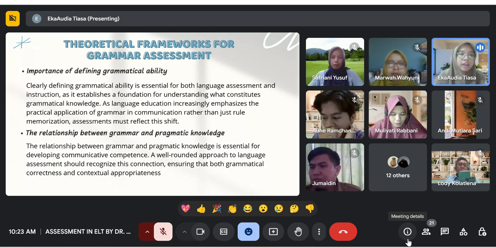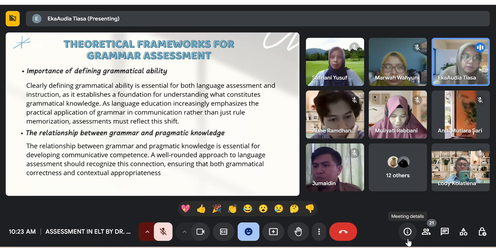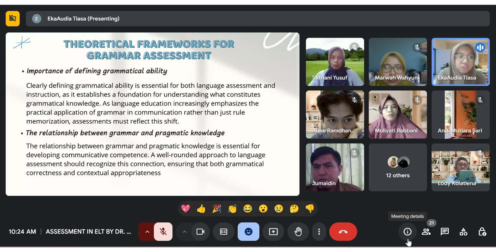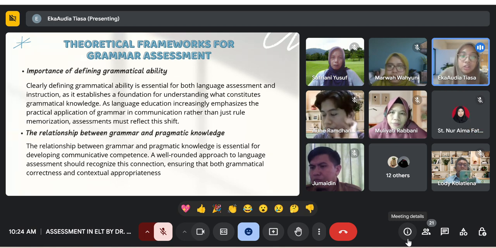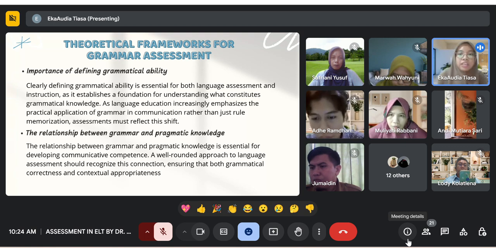So, clearly defining grammatical ability is essential for both language assessment and instruction, as it establishes a foundation for understanding what constitutes grammatical knowledge. As language education increasingly emphasizes the practical application of grammar in communication rather than just rule memorization, assessment must reflect this shift.